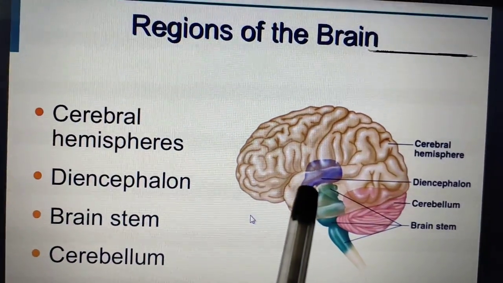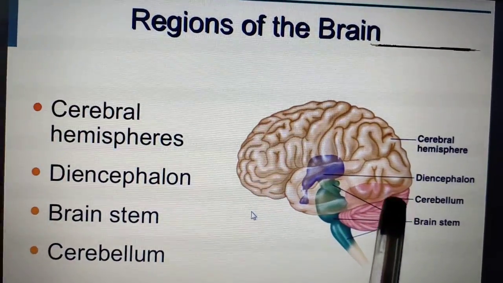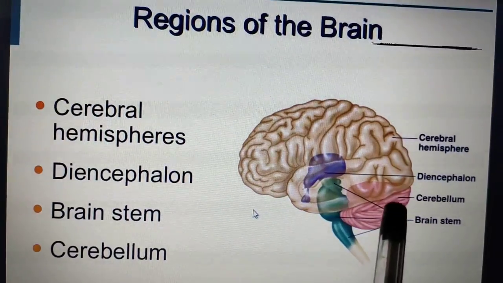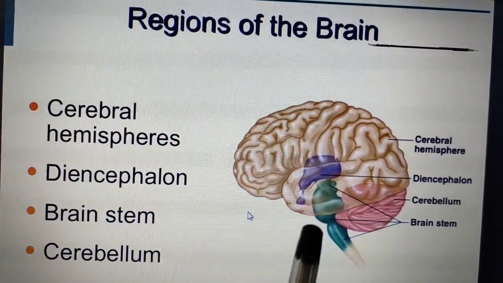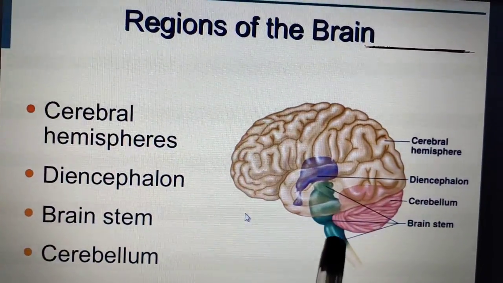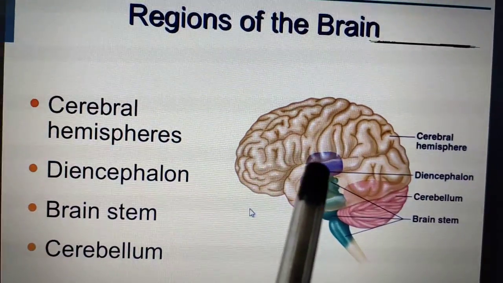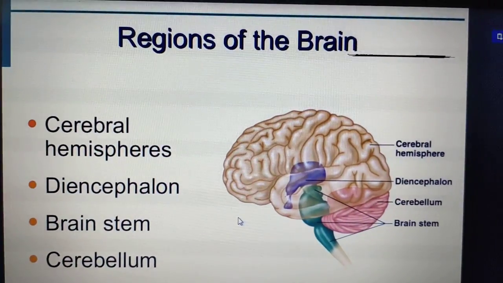Pronounce with me, diencephalon. Then the pink color we are seeing, that we call the cerebellum. Then the greenish part we call the brainstem. Understood? Cerebrum, diencephalon, cerebellum and the brainstem. Clear?